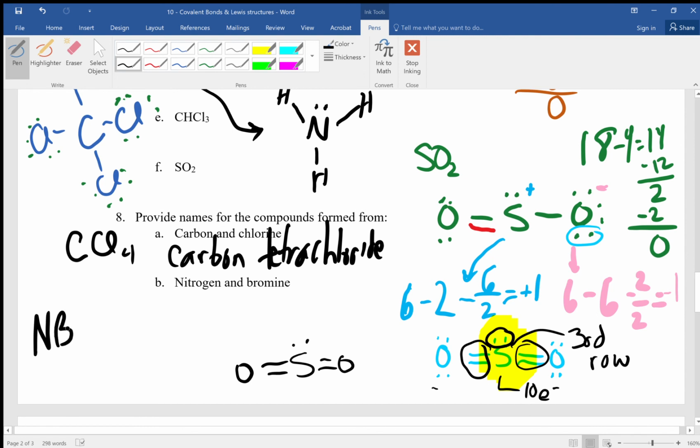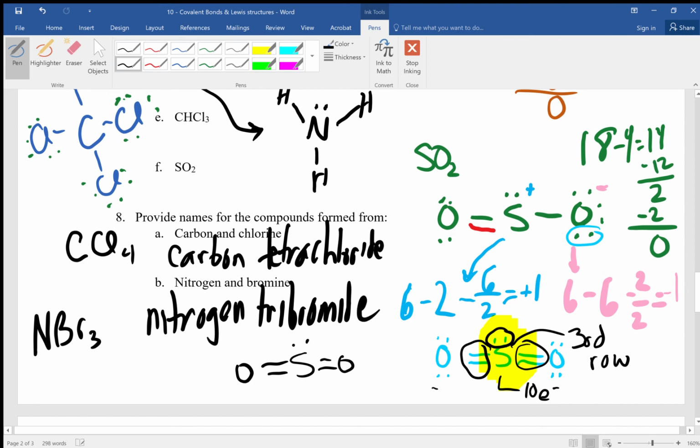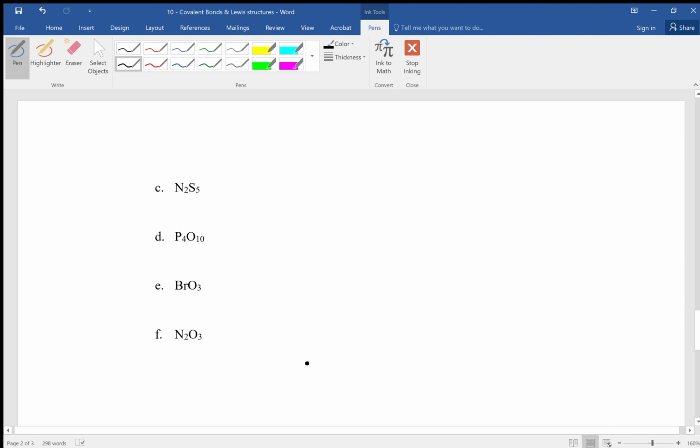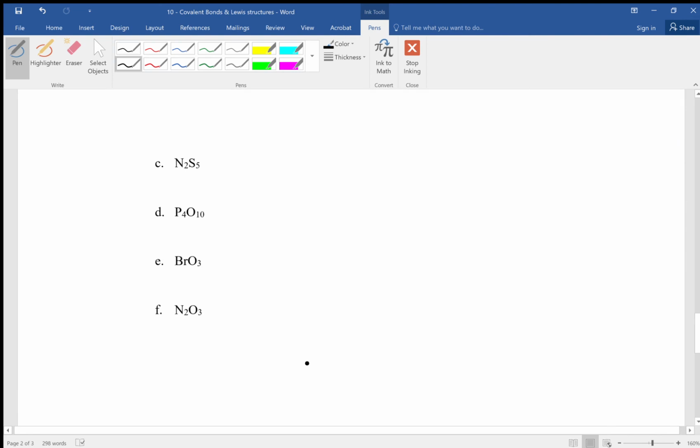Nitrogen, as we know, requires 3 bonds. So this is nitrogen tribromide. And the remaining ones, it's just a matter of doing them from the formulas.